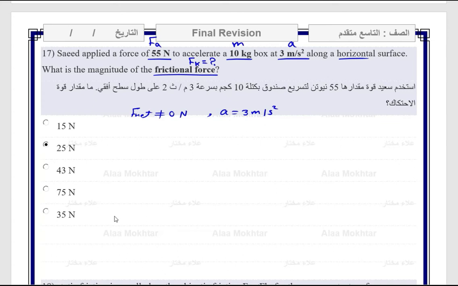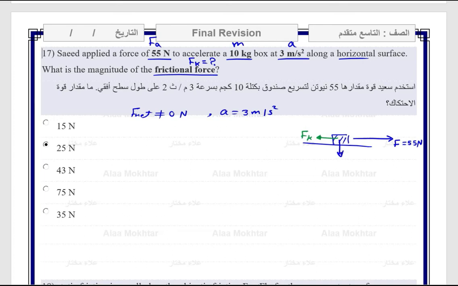Okay, no problem. I draw the free body diagram. On the object, there is a force F equal to 55 Newton, and there is Fk, which is less than 55. Why is it less? Because there is an acceleration.